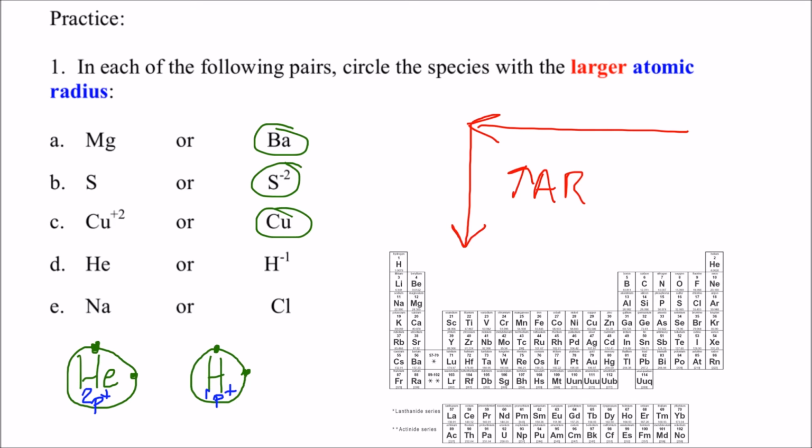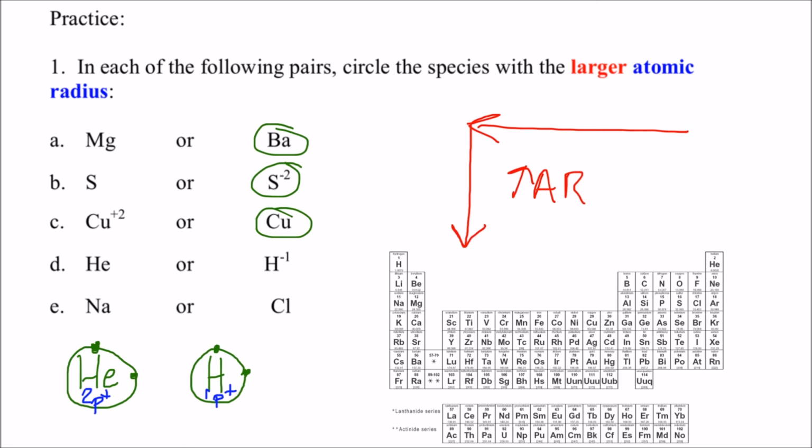But hydrogen only has 1 proton pulling on 2 electrons. That means that this 1 proton can only kind of cancel out one of those electrons. The other electron is going to be able to not have any pull from that proton on it, so to speak.